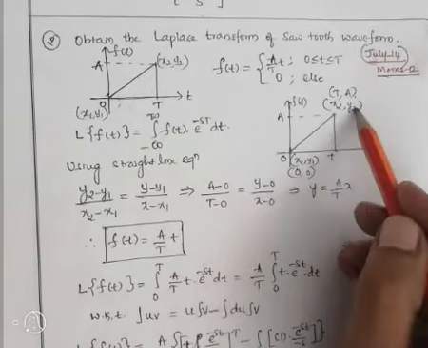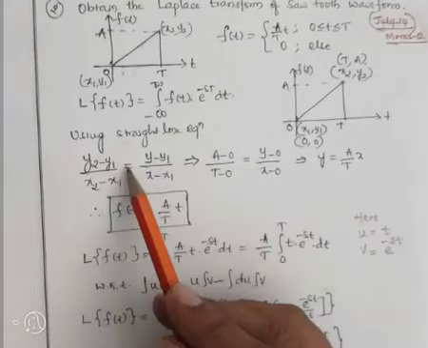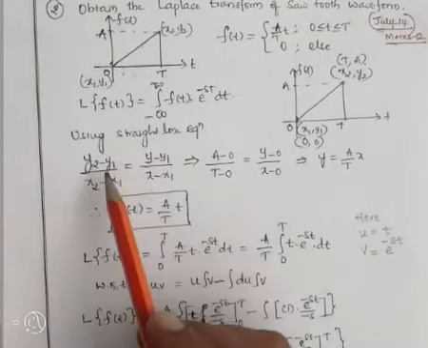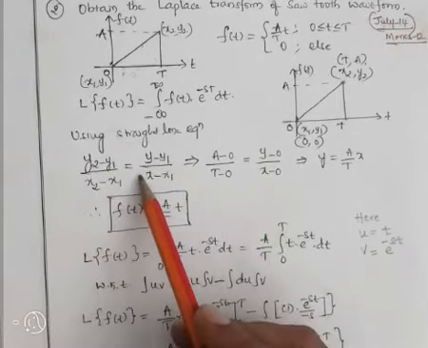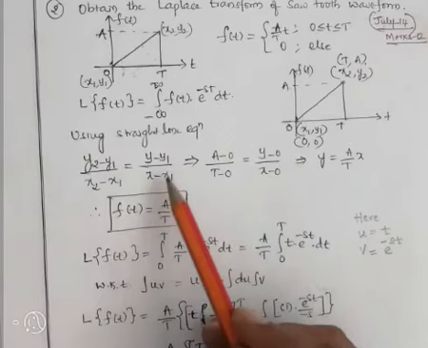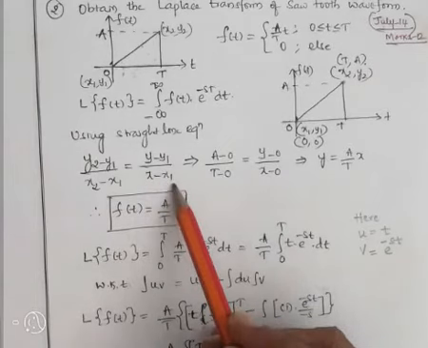Now write the straight line equation. Using the straight line equation, I write y2 minus y1 divided by x2 minus x1 equal to y minus y1 divided by x minus x1. Substitute the values.